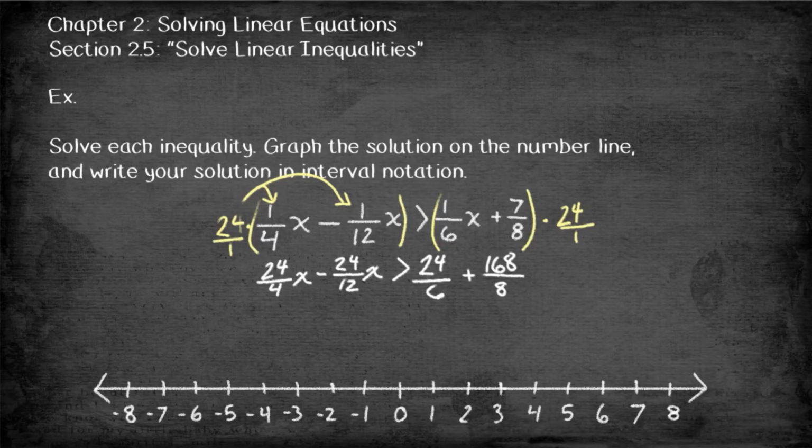And so this simplifies to 6x minus 2x is greater than 4x plus 21.